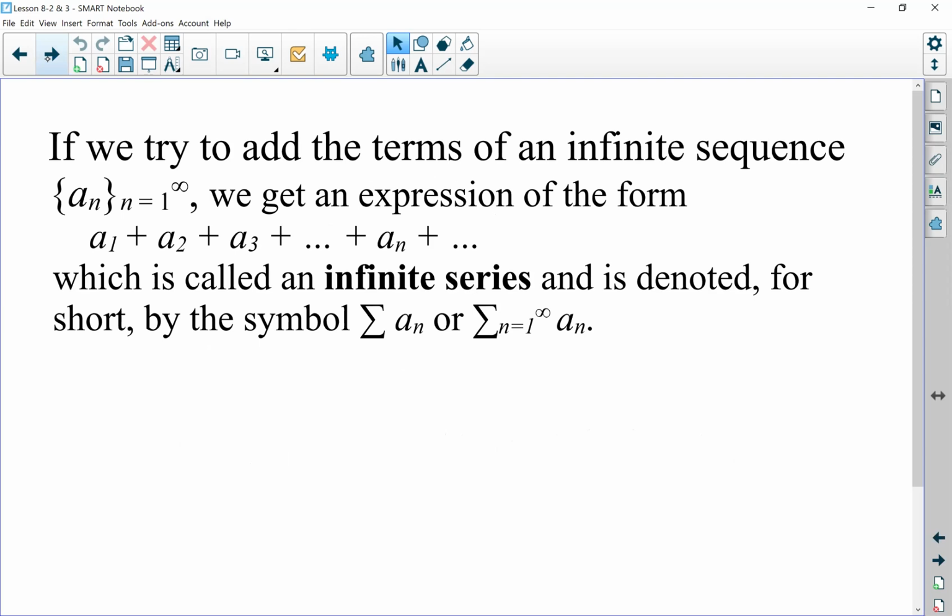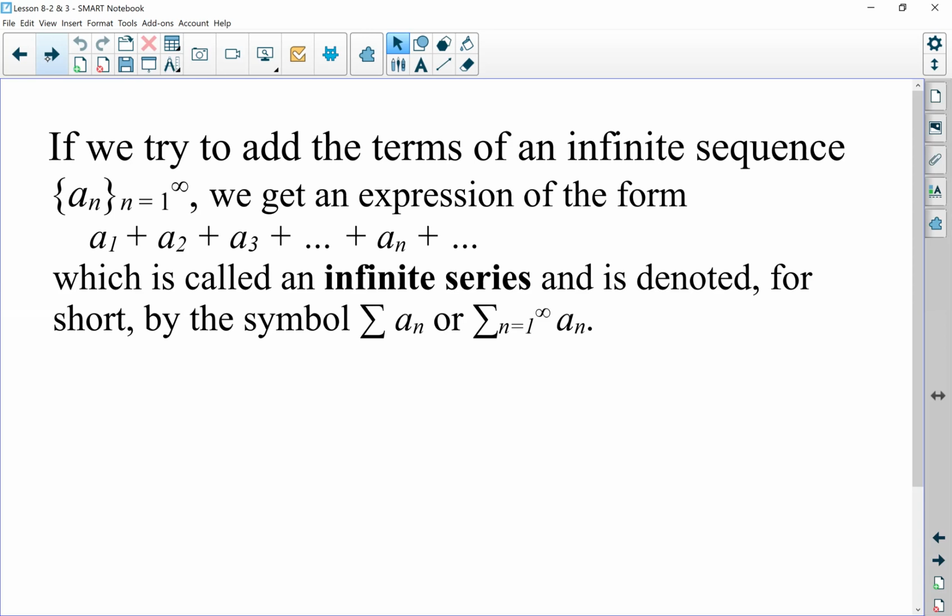All right, so if we took an infinite sequence, maybe we have the sequence 1, 2, 3, 4, 5, 6, and tried to add them up, the sum is called the infinite series. And we use sigma notation, which we also used for integrals, to write it in a shorthand way.